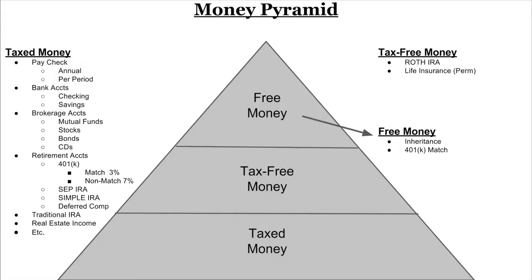So we already know that our client is putting in 3% that is matched. So we want to take that 3% and put it over into the 401k match to show the 3%. So as of right now, this is the complete financial snapshot of where all your clients' money is. It's the taxed money and all their accounts there, tax-free money, all the accounts there, as well as the free money and the 401k match.